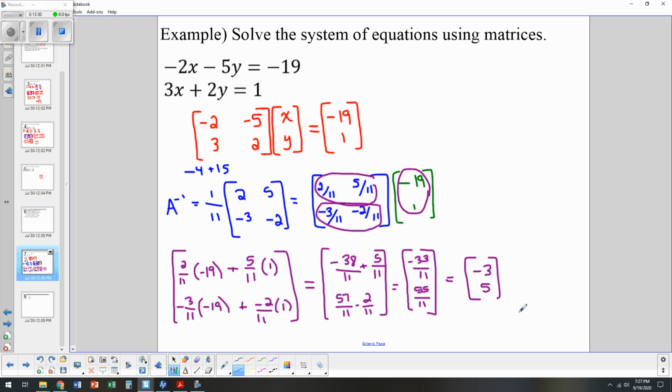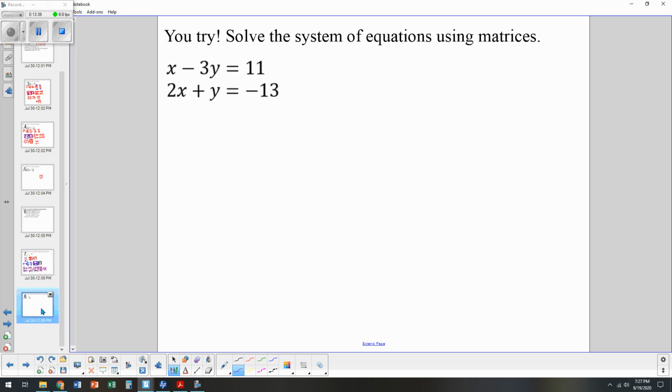You could always check your answer when you're done. Plug negative 3 for the x's, plug 5 in for the y's, and you should get 2 true equations. So you could try this last one, pause it, and then I'll show the answer.